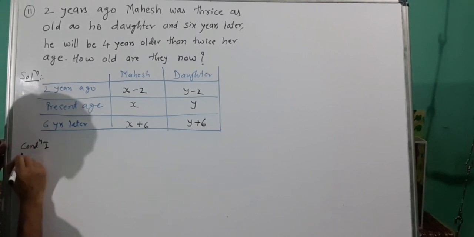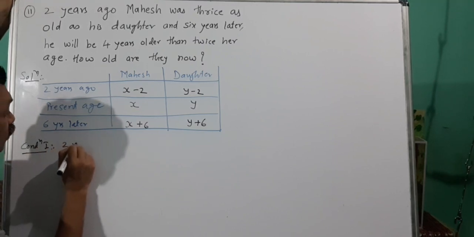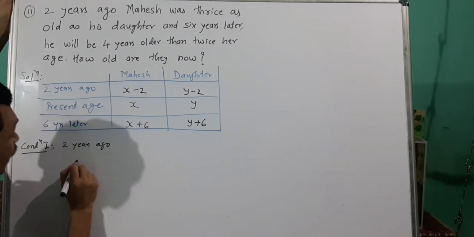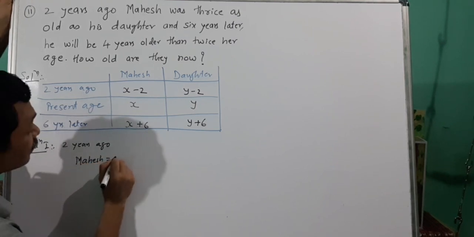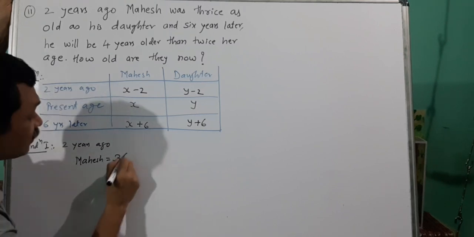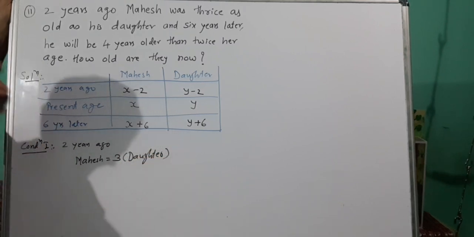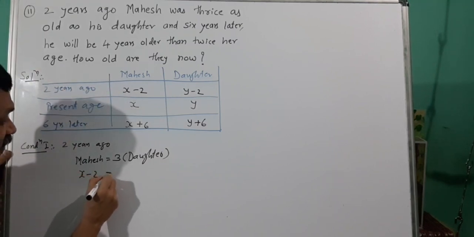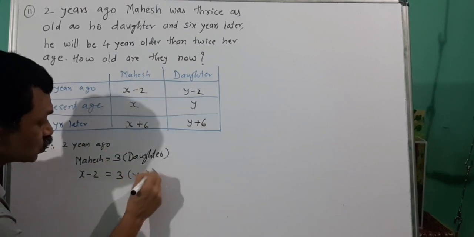Now we'll go for condition 1. What is condition 1? 2 years ago, Mahesh was thrice as old as daughter. So 2 years ago, Mahesh was x minus 2, which is equal to 3 times daughter's age, y minus 2.